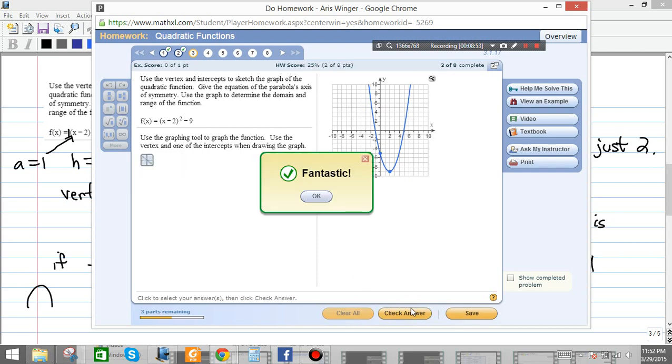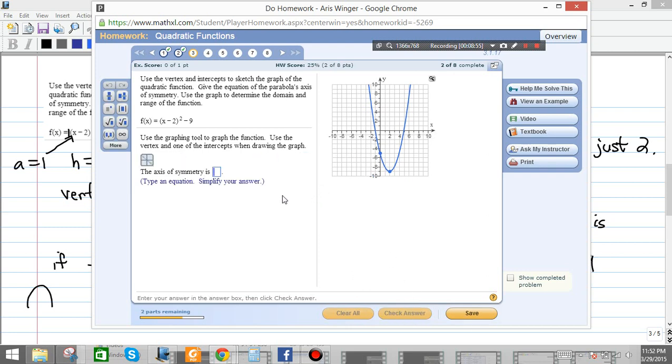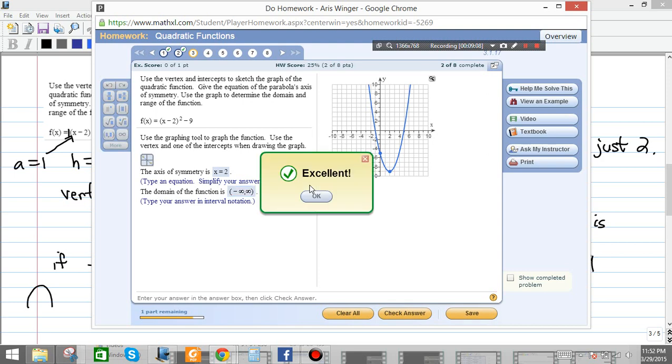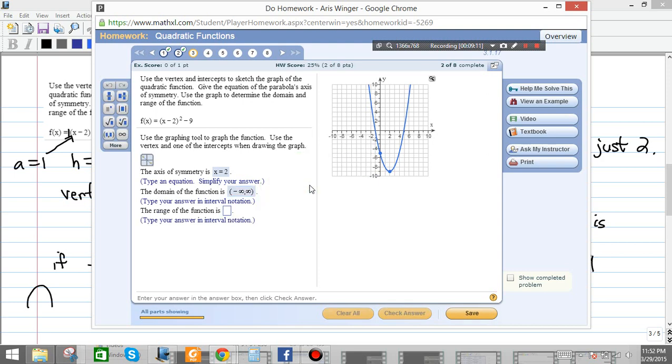I'm going to check that. Okay, great. The axis of symmetry, we said, is x equals 2. The domain is always negative infinity, comma, infinity. And the range is, again, the lowest y value to the highest y value. And once you graph it, you'll see it. In this case, it's negative 9 to infinity.